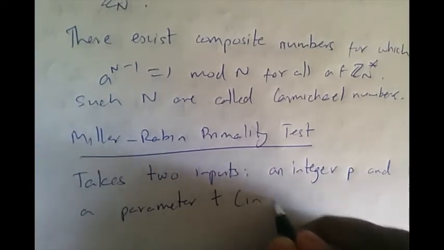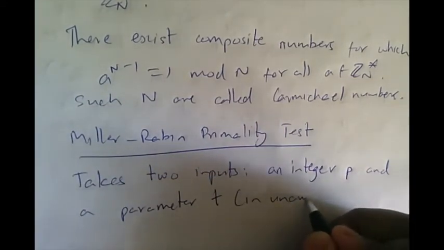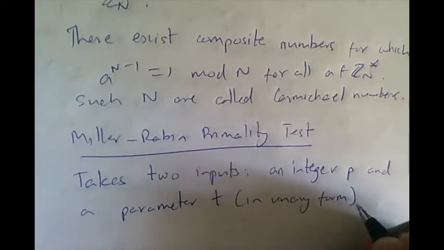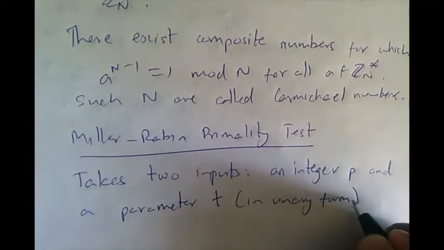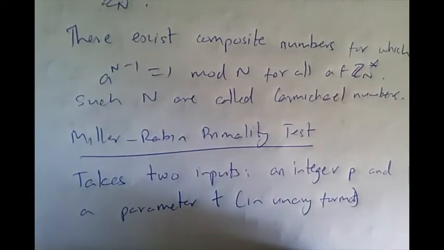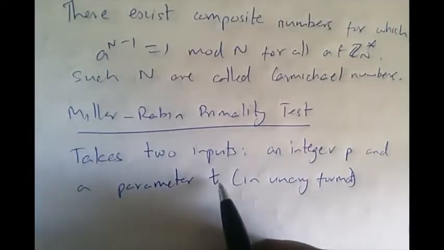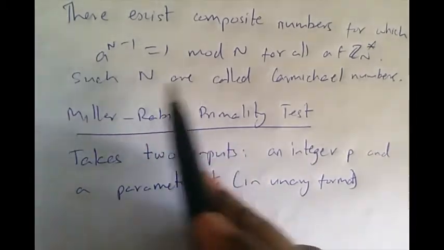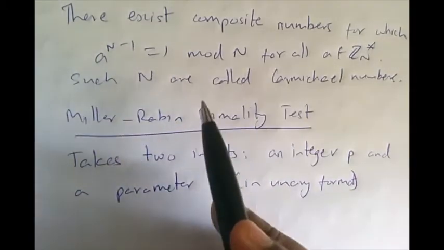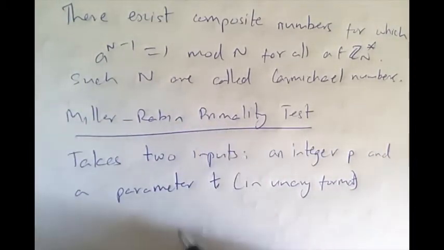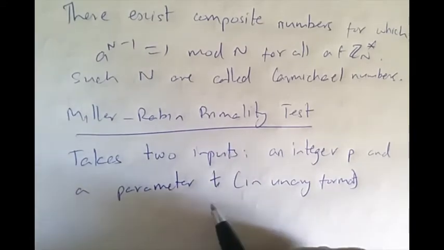The parameter t will be in unary format, so 1 raised to t. And this t is going to be the number of iterations. Like in the previous case, we looked at those trials, right? We randomly chose some integers from 1 to n minus 1 and did something. So the t is going to capture that.